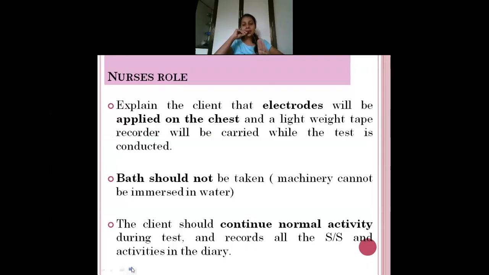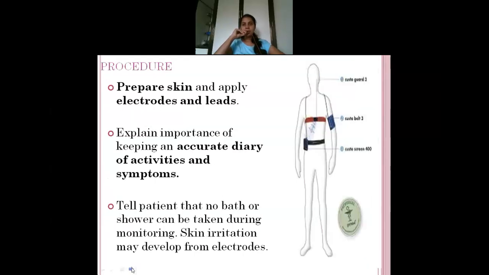Tell them they can perform their normal activities and they should maintain a record of all the activities and also the symptoms that they experience. The nurse should also tell them not to take a bath while in the Holter monitor machine. These points I have already told.